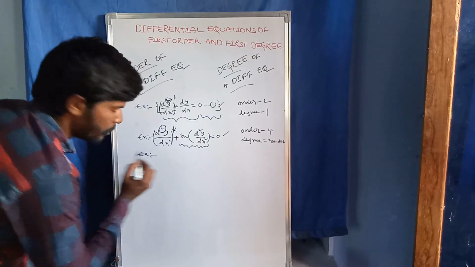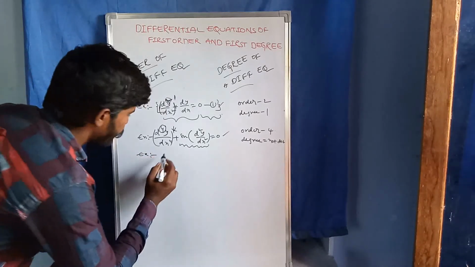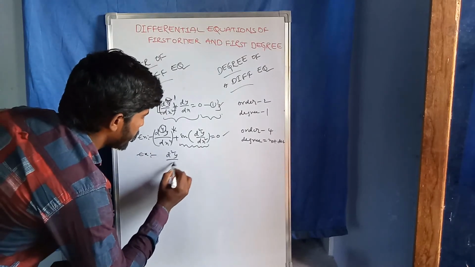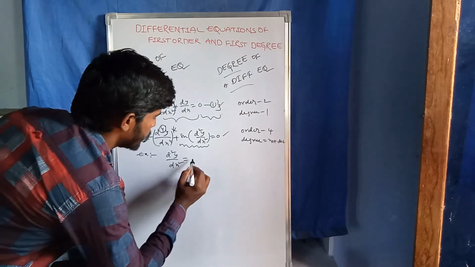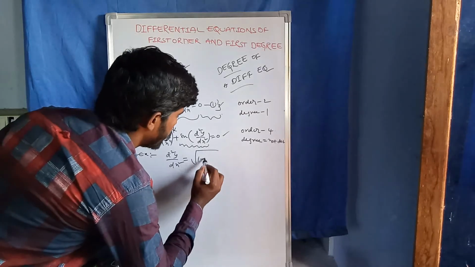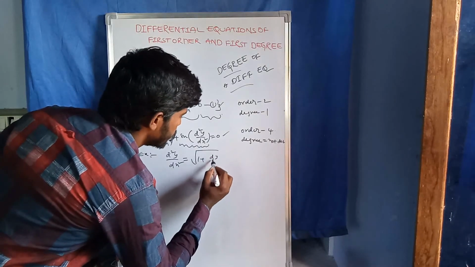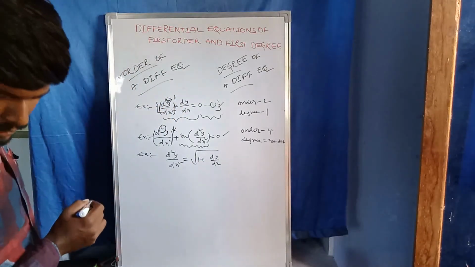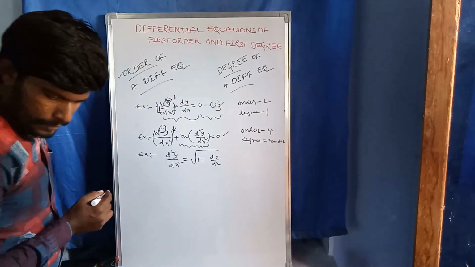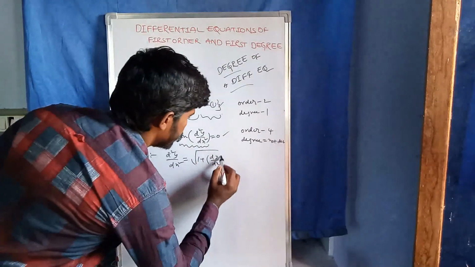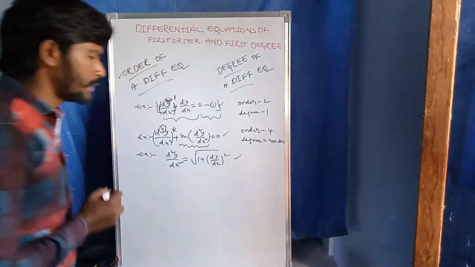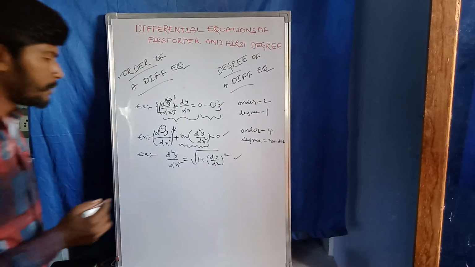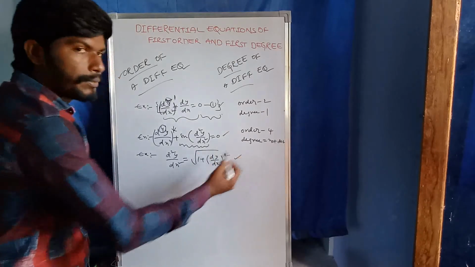Next example. d square y by dx square is equal to square root of 1 plus dy by dx whole square. Find the order and degree of the differential equation.